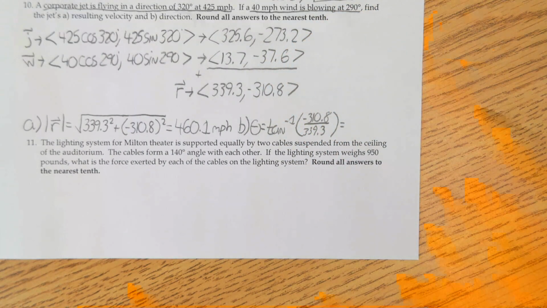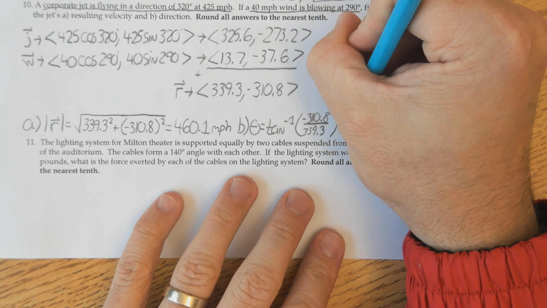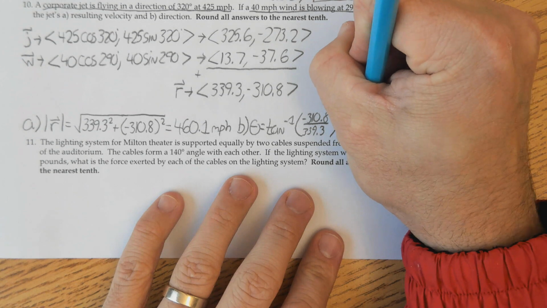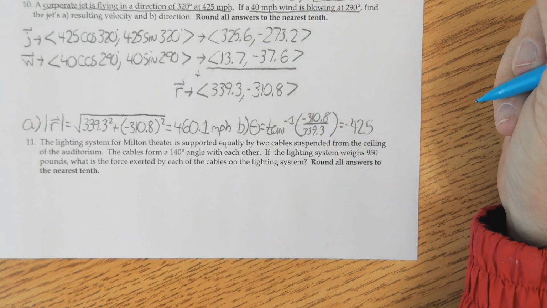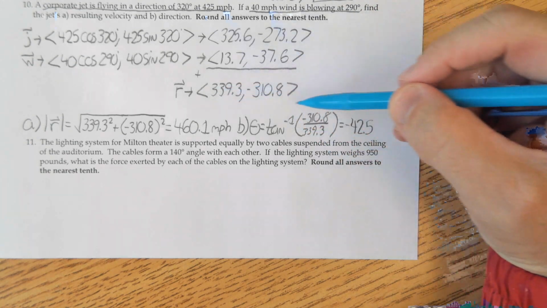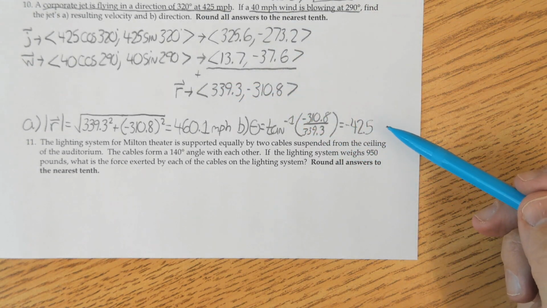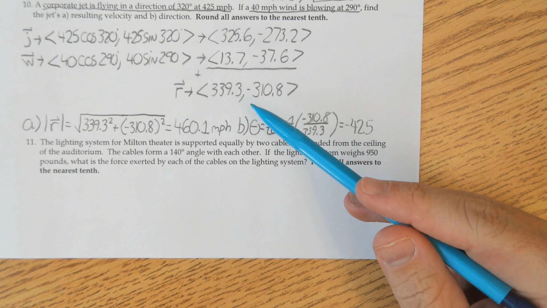And so when we plug that into our calculator, tan inverse, fraction button, negative 310.8 over 339.3, close parentheses, I get a negative 42.5. Okay, now again, what quadrant are we trying to go to though? Obviously a negative angle does not work for us. And so what quadrant are we trying to go to?